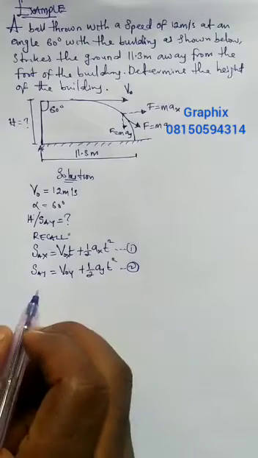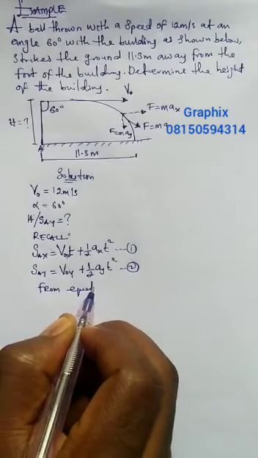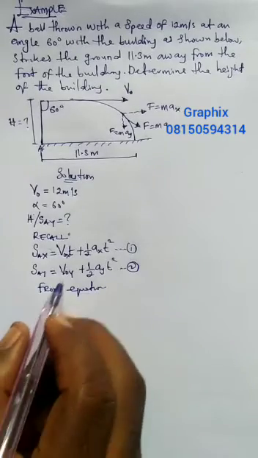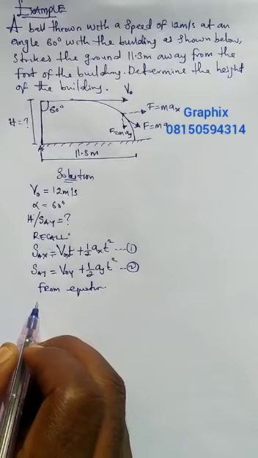Now let's start from equation 1. We know that S_AX is the horizontal distance.